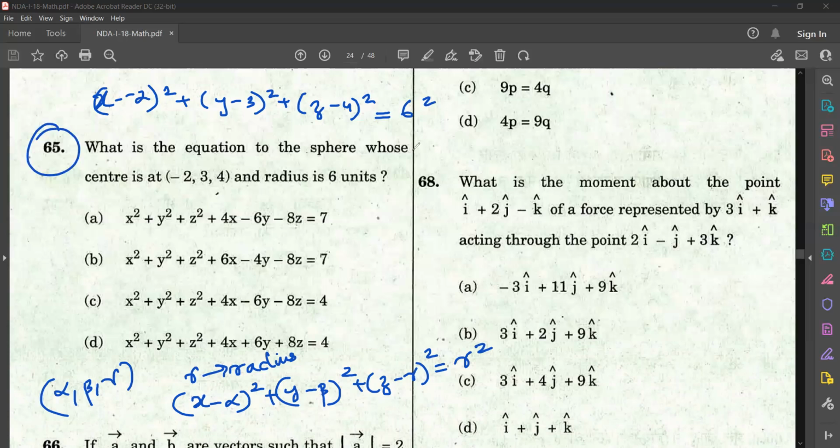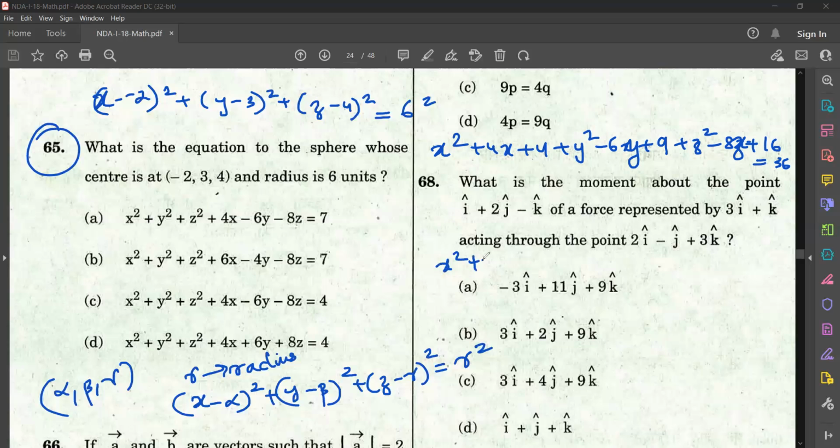So simplify this. You'll get x square plus 4x plus 4 plus y square minus 6y plus 9 plus z square minus 8z plus 16 equal to 36. So that is x square plus y square plus z square plus 4x minus 6y minus 8z plus 4 plus 9, 13, 13 plus 16, 29, minus 36.